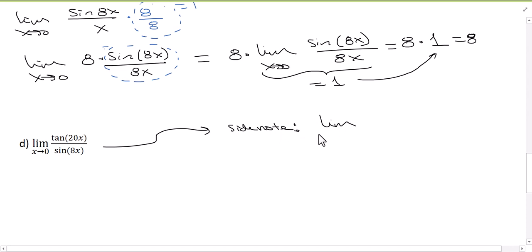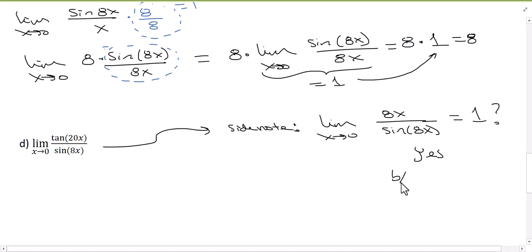If I had the limit as x goes to 0 of 8x over sine of 8x, will that still be 1? Yes, because that's just the reciprocal of this one. So this is my lazy way, because 8x over sine of 8x is really just the reciprocal, and so this limit as x goes to 0 will be 1. So that will still work.